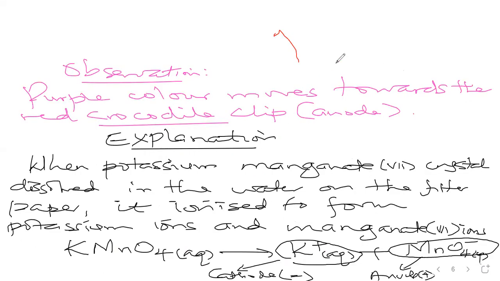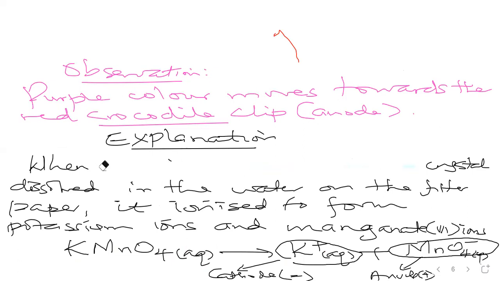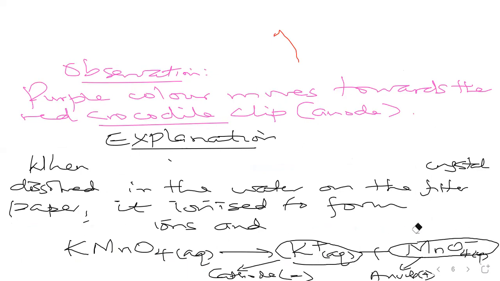Instead of potassium manganate 7 crystal, we are using copper 2 sulfate crystal. And when you use a copper 2 sulfate crystal, the observation is going to change. Observation is going to be a different case.